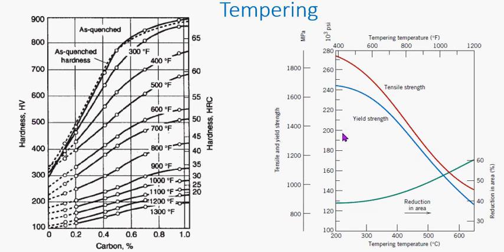Also, strength and hardness go together. This is as quenched, meaning without tempering being carried out. As the temperature rises, though this one is in Fahrenheit, so you have to be careful, the maximum tempering temperature should be less than 727, the eutectoid temperature. Remember, the higher the tempering temperature, the lower also the hardness.